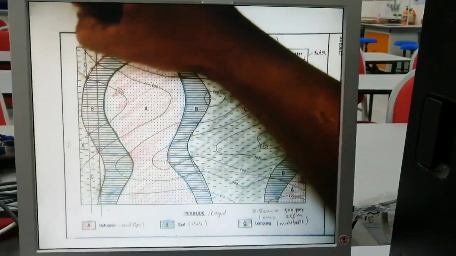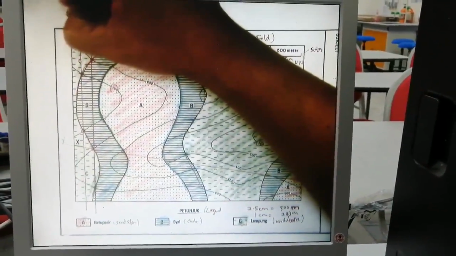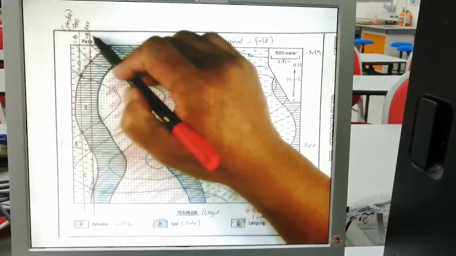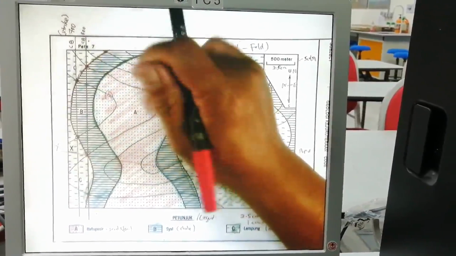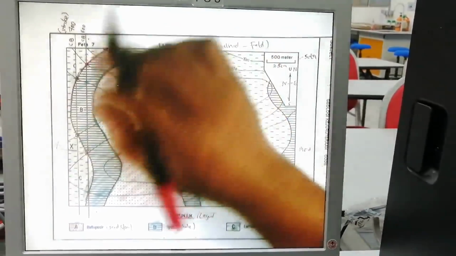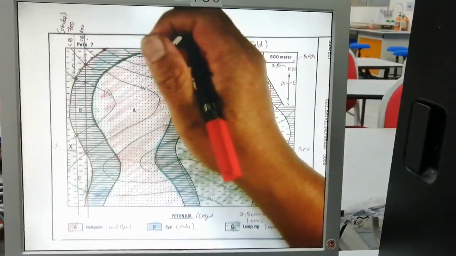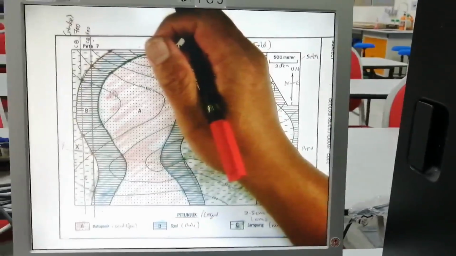Strike equals strike. How to spell strike? S-T-R-I-K-E. This is the strike line for CB 700, and another one is the strike line for CB 600. So based on these two strike lines, you are able to measure the dip direction and dip angle.